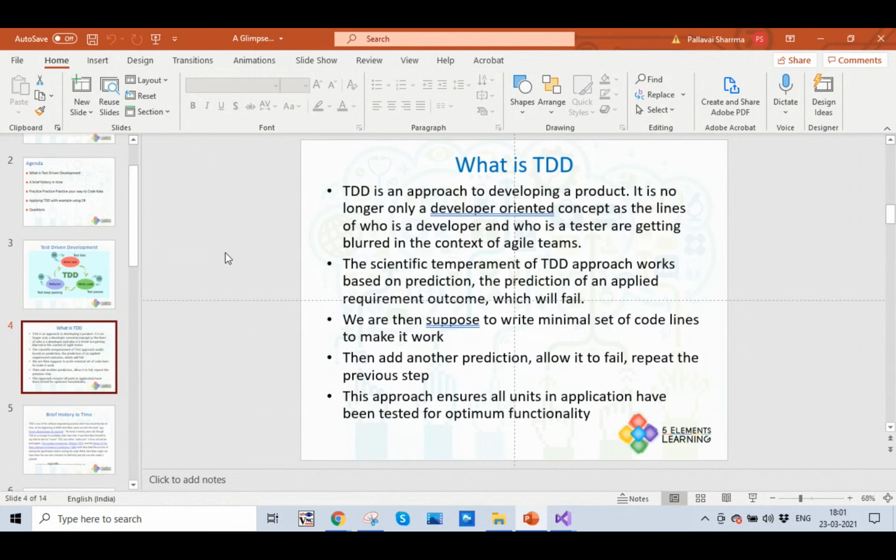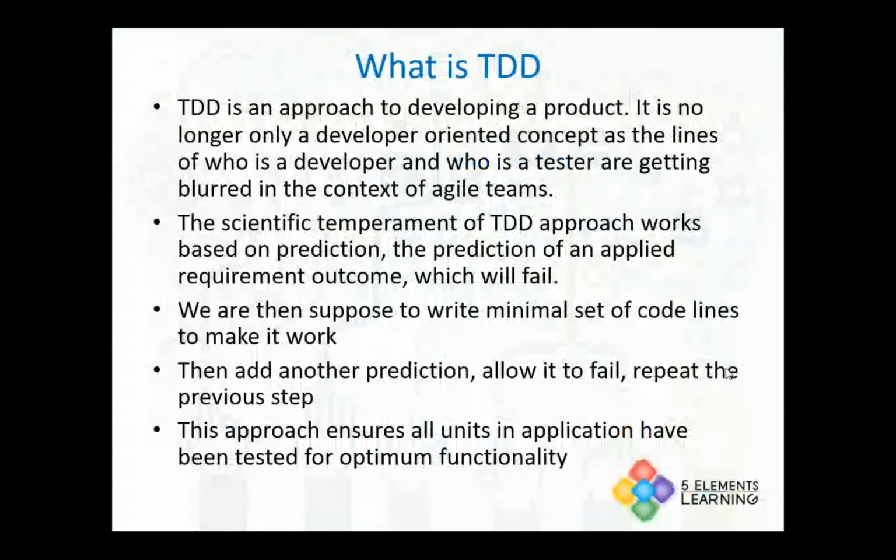Now, TDD is an approach to developing a product. It is no longer only a developer-oriented concept, as the lines between who is a developer and who is a tester are indeed getting blurred in the context of agile teams. The temperament of TDD basically approaches work in terms of prediction, a prediction of an applied outcome which is going to fail.